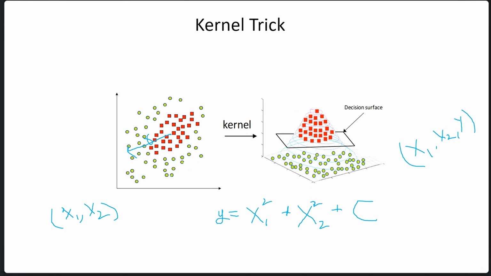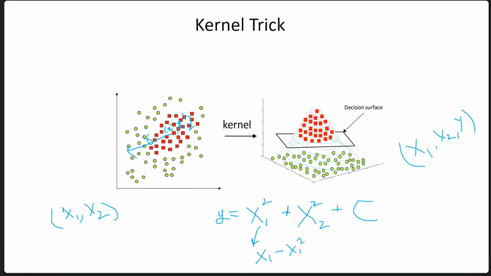Now, since x1 and x2 may not start from the origin, these are starting from some point like say x1 dash and x2 dash. So ideally the equation will transform from x1 to x1 minus x1 dash, where x1 dash is a constant.